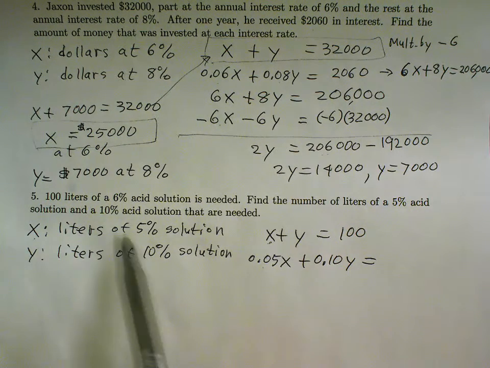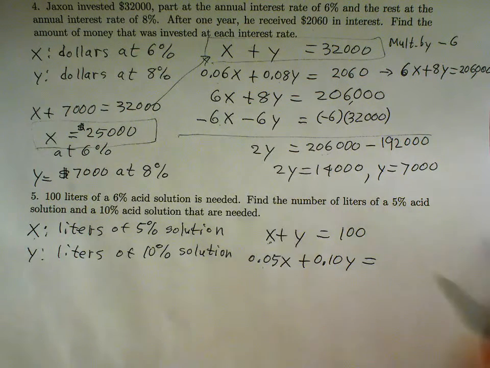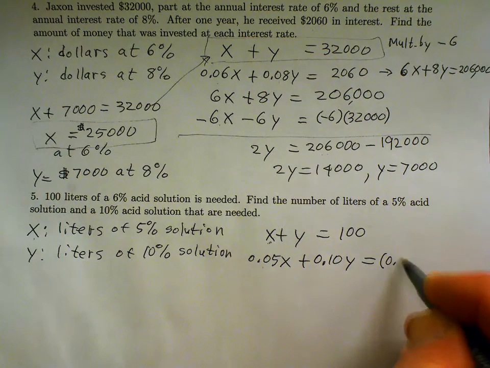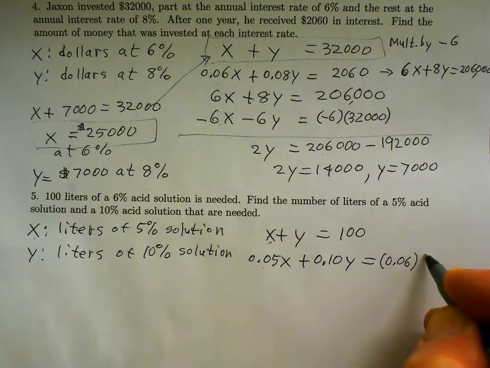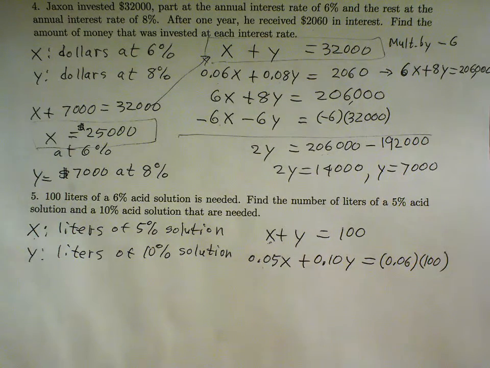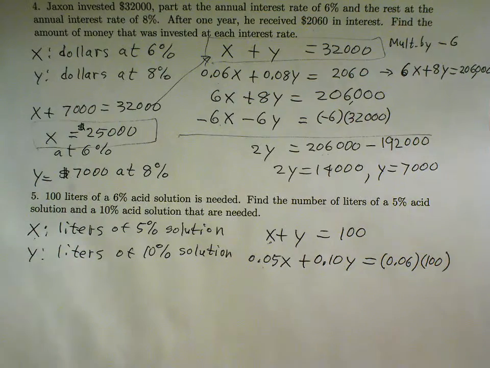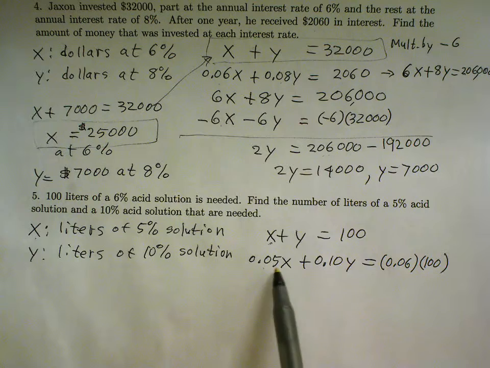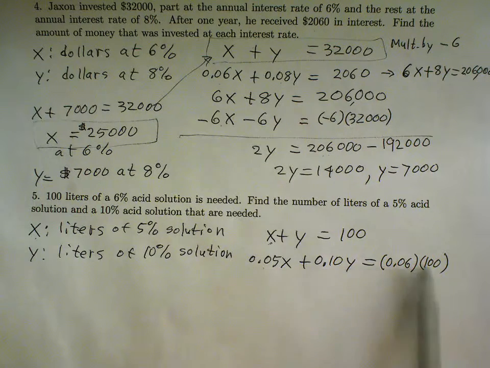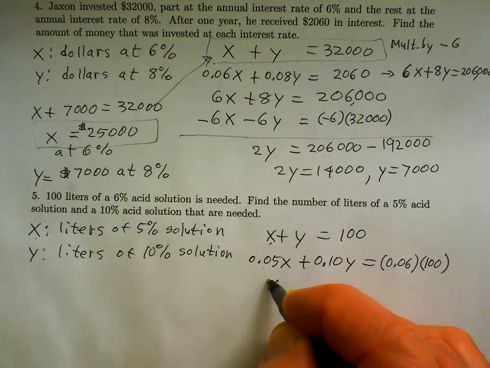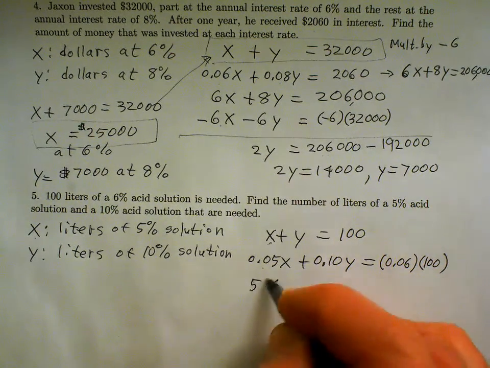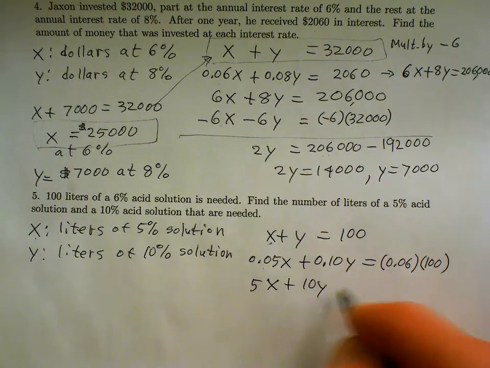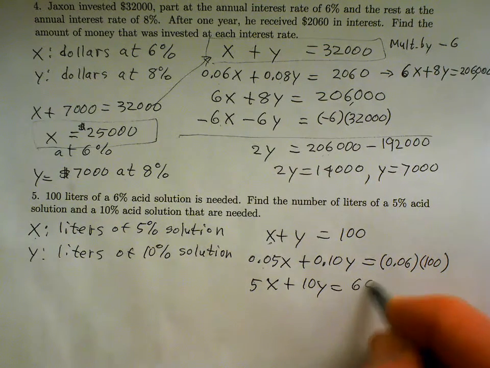And then the mixture has to be 6%, so that means we're going to multiply 100 by 0.06. Okay, if you want, you can get rid of the decimals. If you multiply every term on both sides of the bottom equation by 100, we get 5x plus 10y equals 600.